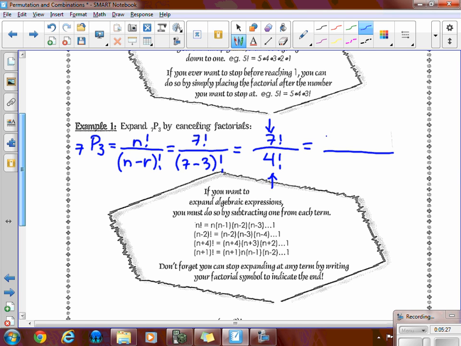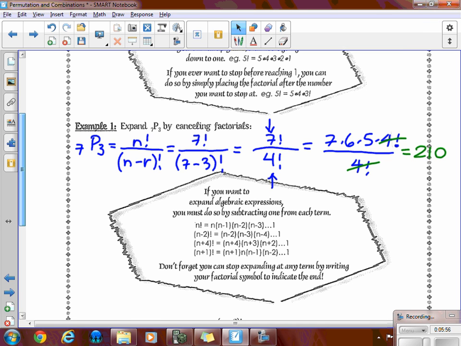So the top would be 7 times 6 times 5 times 4, and it would keep going, but I'm going to stop at 4 factorial because my denominator also has 4 factorial. And if I look, 4 factorial divided by 4 factorial, those cancel, and this leaves us just to go 7 times 6 times 5, which is 210. So canceling factorials actually makes this exercise a little bit easier. We don't have to write out all that work.